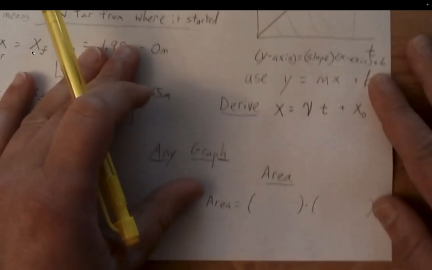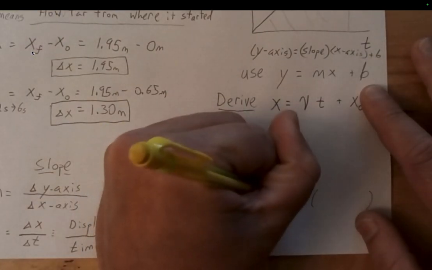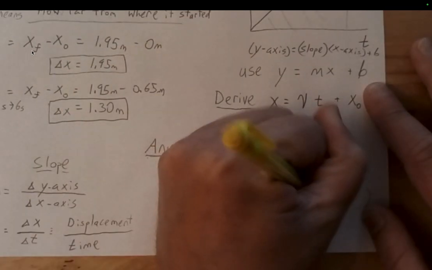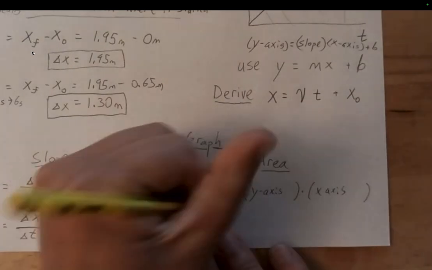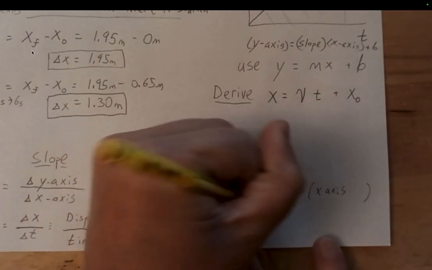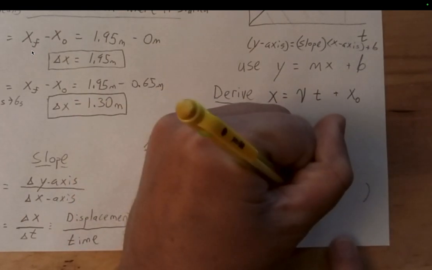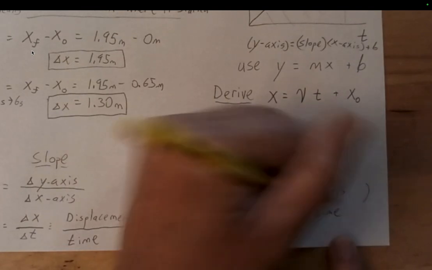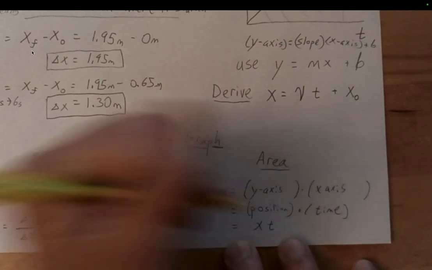So to get the area of a graph, we get the y-axis multiplied by the x-axis. So in this case, the area of this graph is going to be position times time. So it would be x times t.